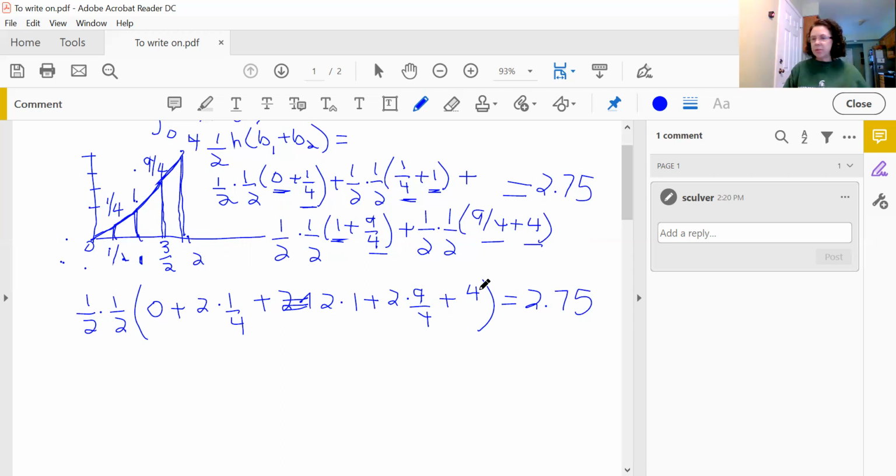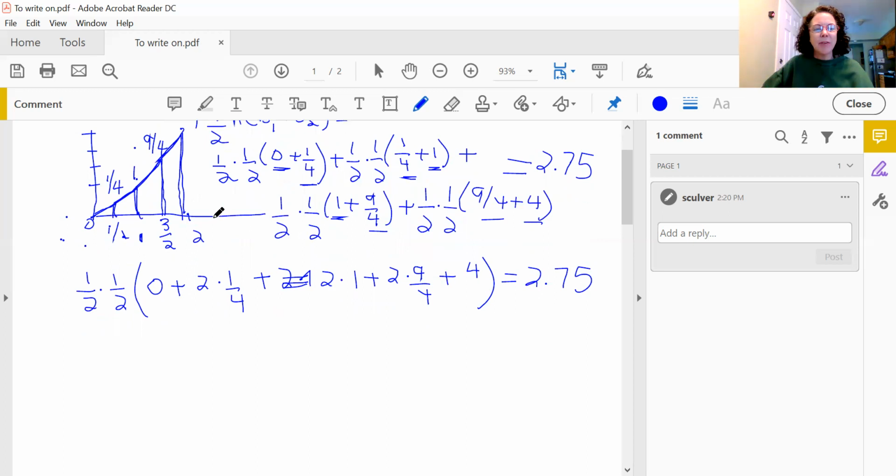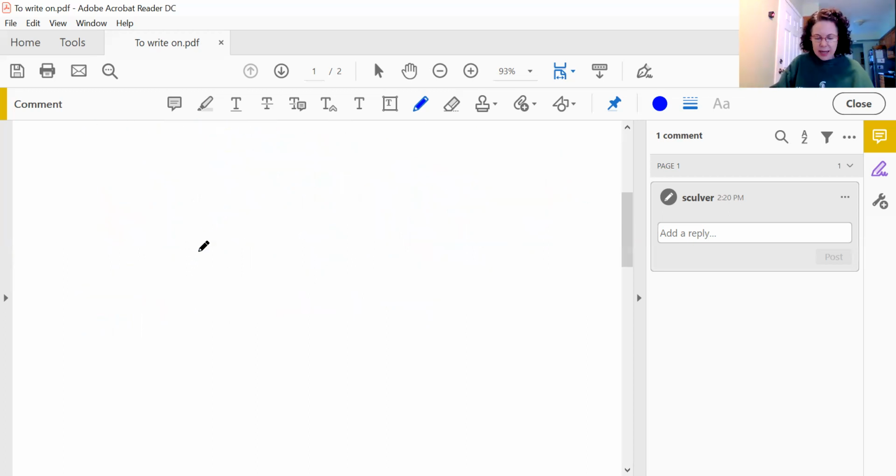So we are going to use that for the next problem, which is number 5. And rather than draw a picture, I'm just going to make a chart of the points. All right, so on number 5, they are asking you to estimate the area from 1 to 3 of x cubed dx, and they want n to equal 6 trapezoids.